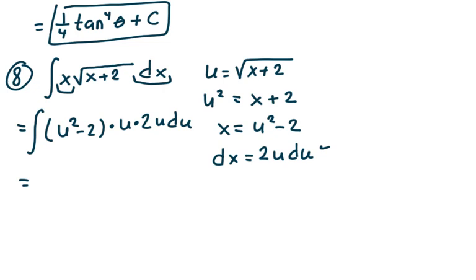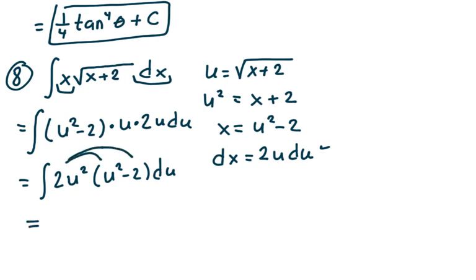And so 2u times u is 2u squared. So I get 2u squared times u squared minus 2 du. And we could do that, right? Because we're going to distribute to each term within the parentheses. And so this is the integral of 2u to the 4th minus 4u squared du. And I'm just about done.